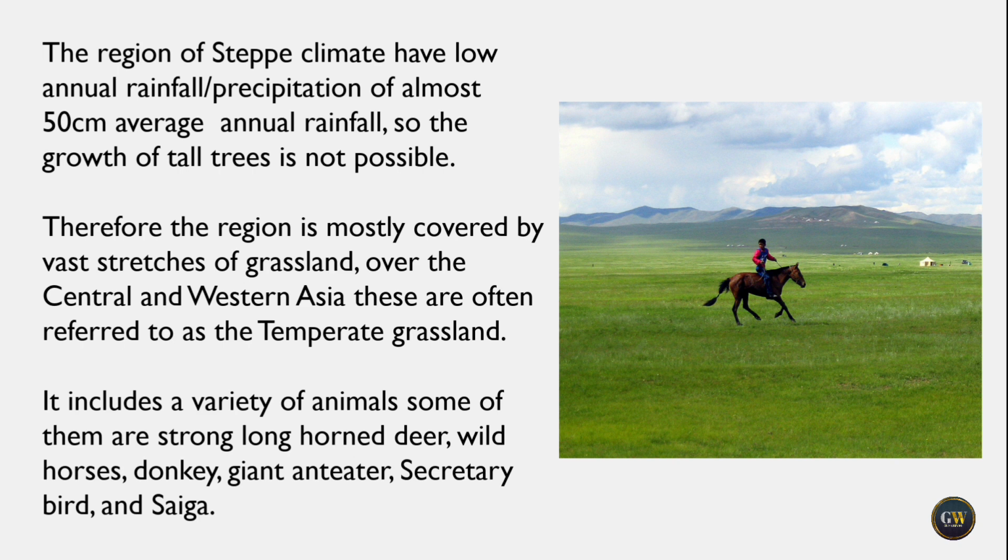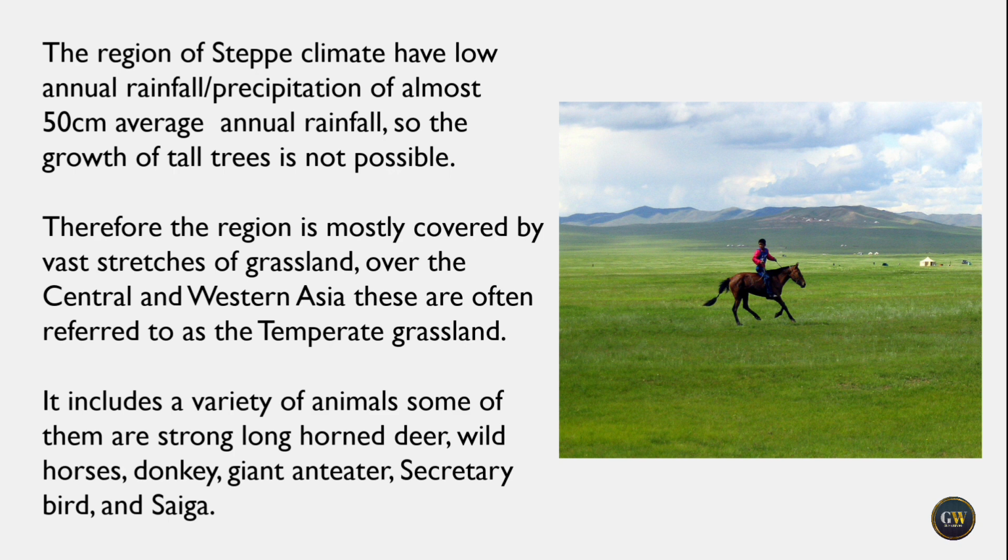The region of steppe climate has low annual rainfall or precipitation, with an average of almost 50 centimeters. So the growth of tall trees is not possible here, and the land is dominated by grasses. Only grasses are growing here. Therefore, the region is mostly covered by vast stretches of grassland over central and western Asia.